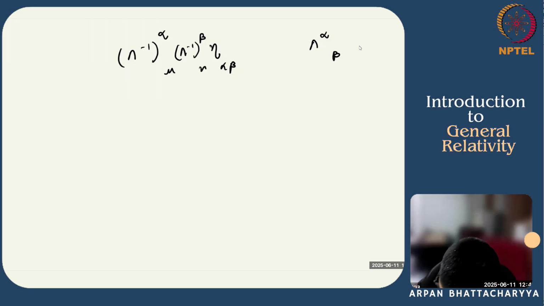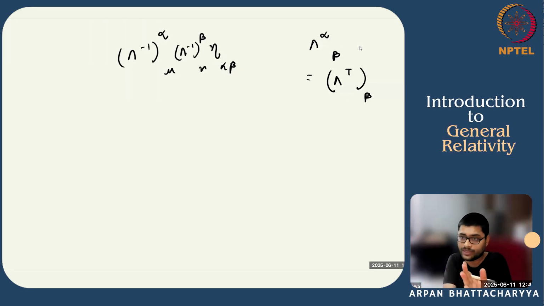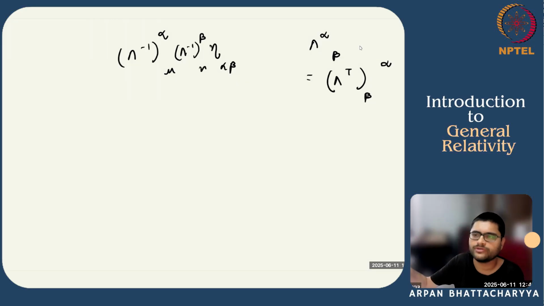So in this notation, it is equal to the transpose of it, and you have interchanged the row and column. This is simply saying that when you took a transpose, you have interchanged the row and column. So keep that in mind.